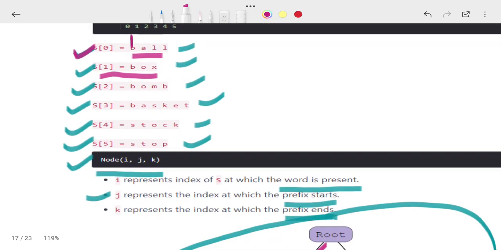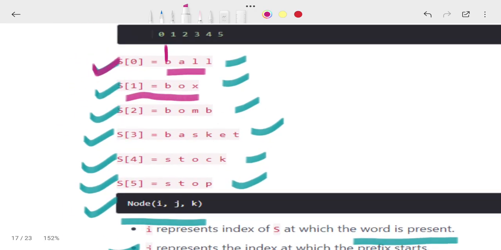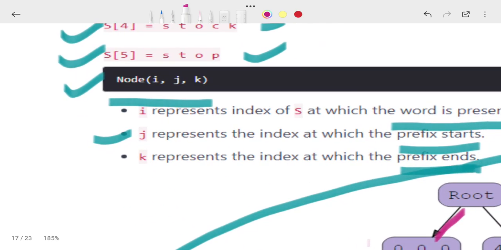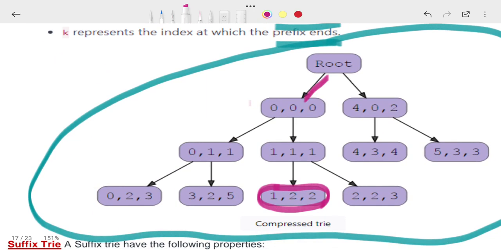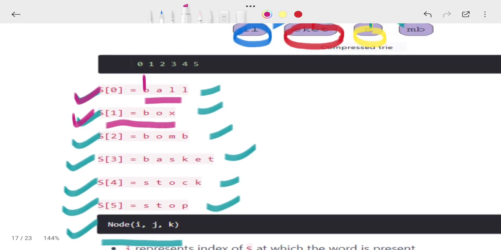Now see what we have written. 1 means where the data is present. My data is present at index 1. J means where the prefix starts. I have written 2.